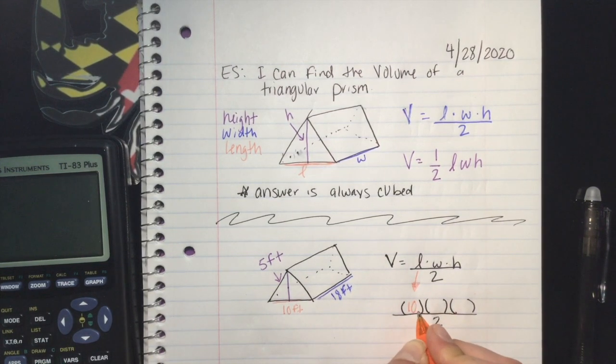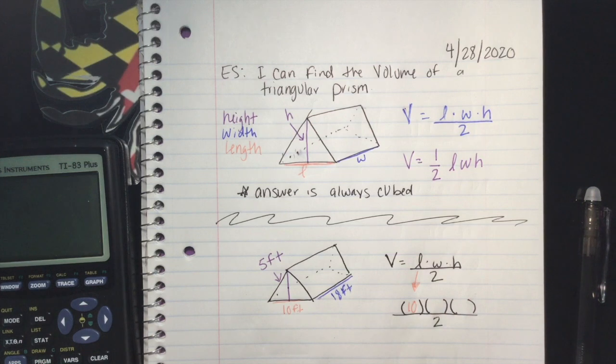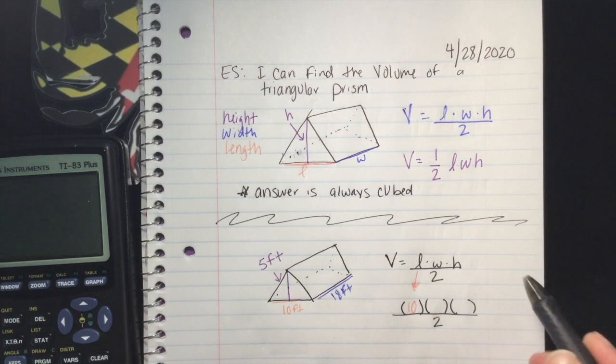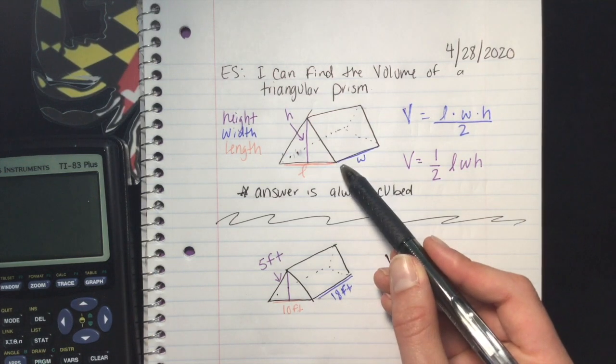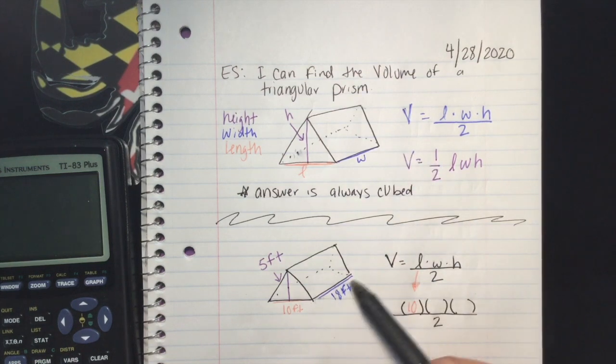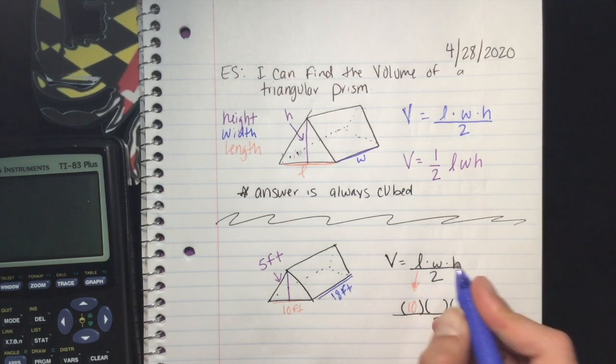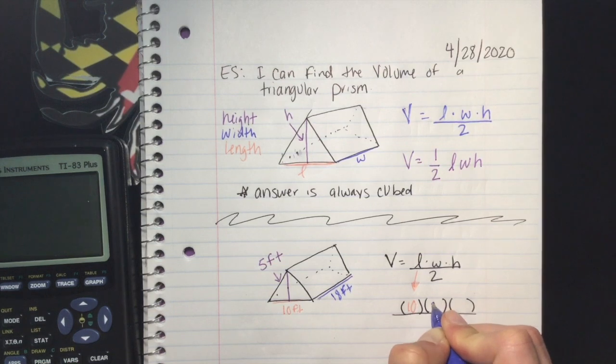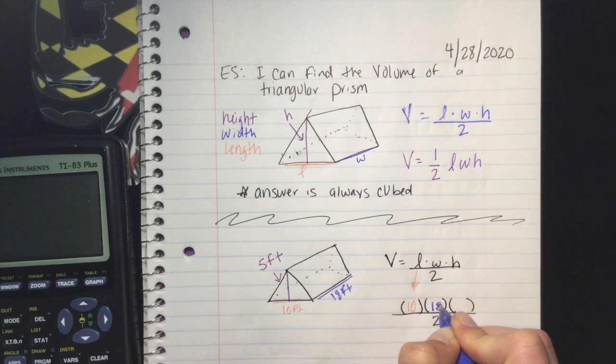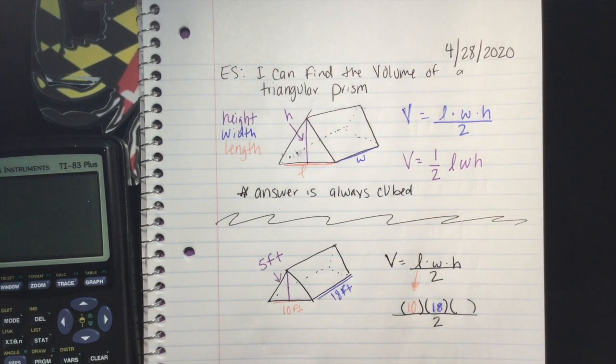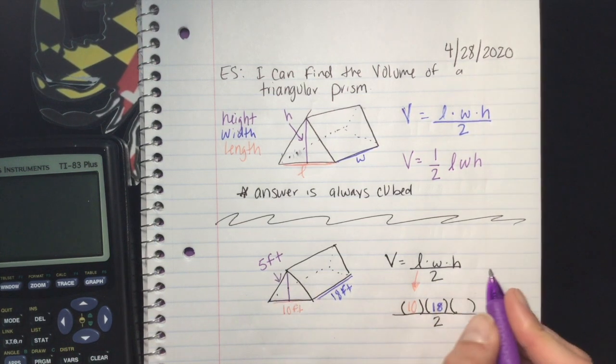So 10 is our first length. And then our width, we look at our example, that is our width, and that's going to be 18, so we plug that in right here. And then we have our height. Our height is 5.